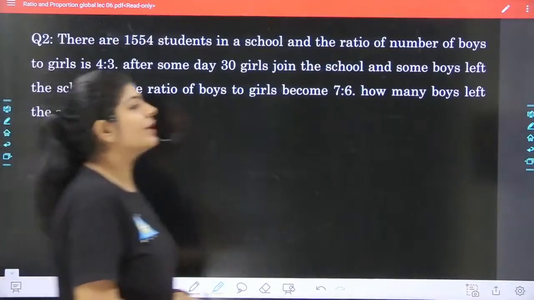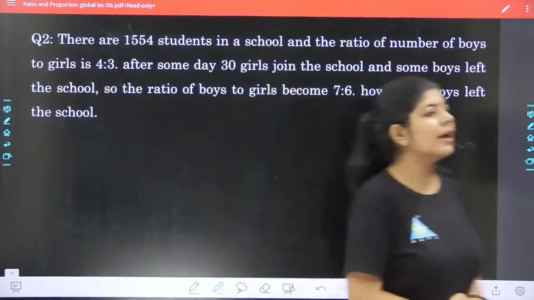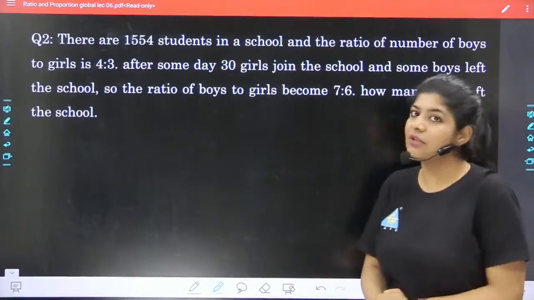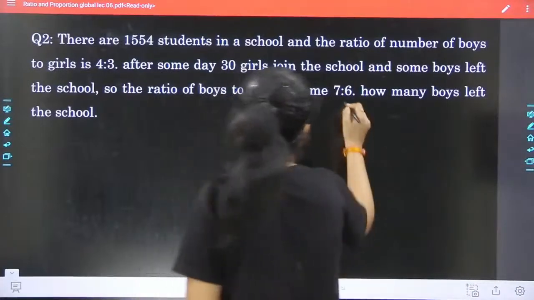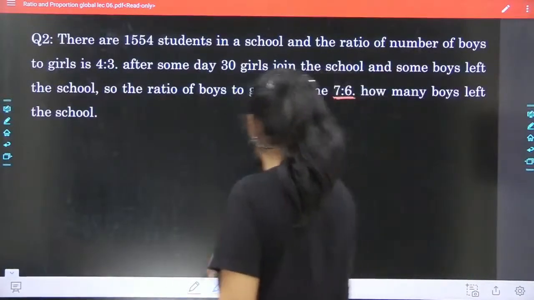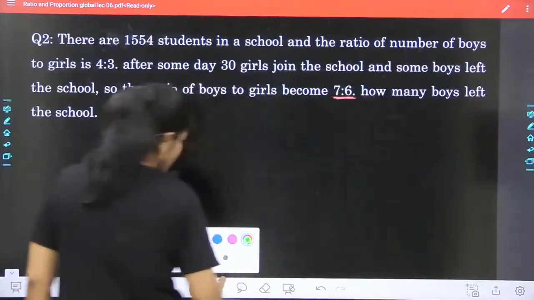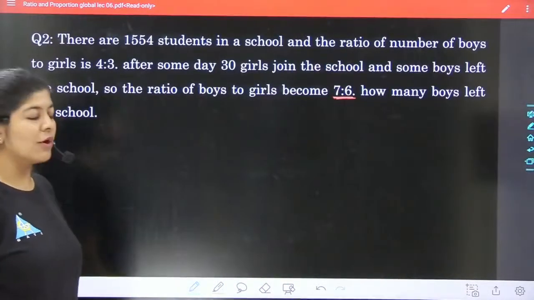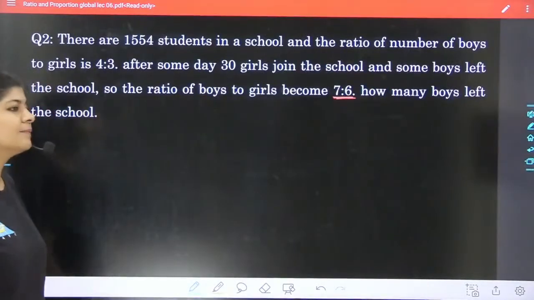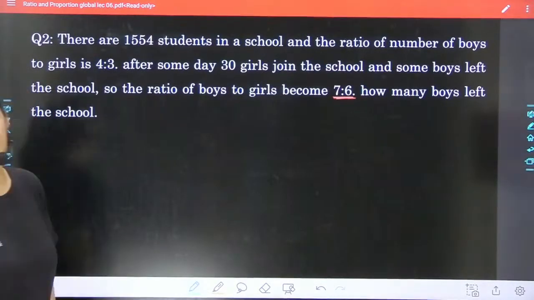What we have to find out is the number of boys who left this school so that the ratio of boys to girls will become 7:6.